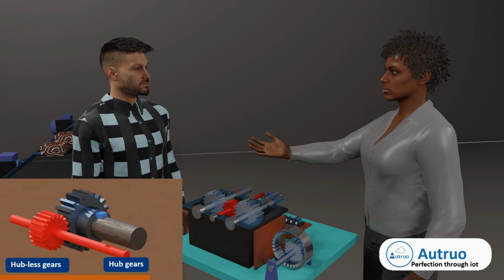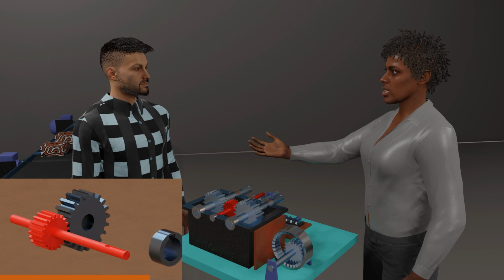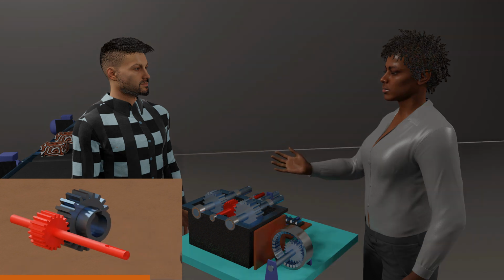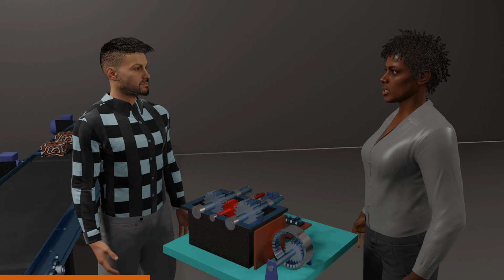A hub is a cylindrical projection on one or both sides of a gear. A hub is for the provision of a screw or other shaft attachment mechanism, while hubless gears are typically attached via press fit, adhesive, or internal keyway. With hub design, other than the teeth itself, this is known to come with improved stability.